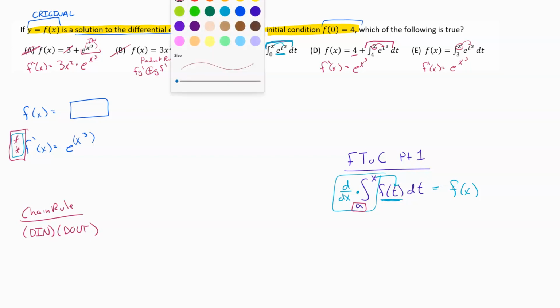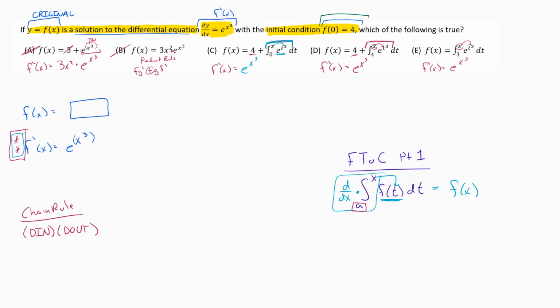Now's when I need to come back through and work with this idea that when I plug 0 into this equation, I need to get out 4. So remember, function notation works the same even if you've got funky equations going on in it. So if I have f of x equals 4 plus the integral from 0 to x of e to the t to the third dt, and I come through and say, what is f of 0?